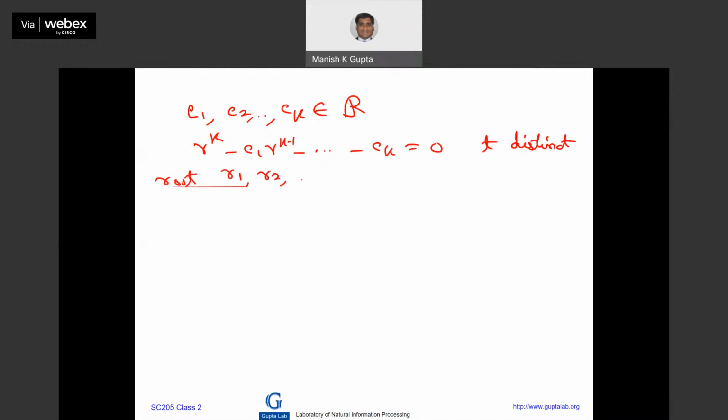r1, r2, ..., rt with multiplicities m1, m2, ..., mt. So root r1 appears m1 times, r2 appears m2 times, and so on, right?